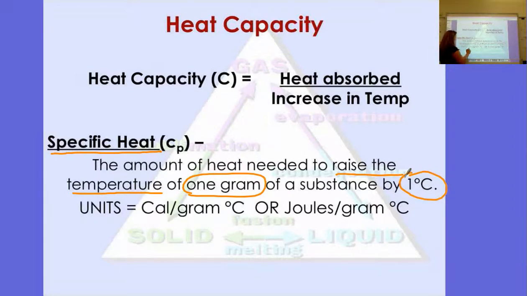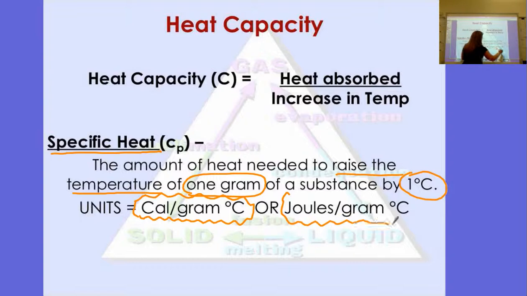Our units are either calories over gram times degree, or joules over gram times degree. How much energy is needed to raise 1 gram of a substance by 1 degree Celsius? That's heat capacity.